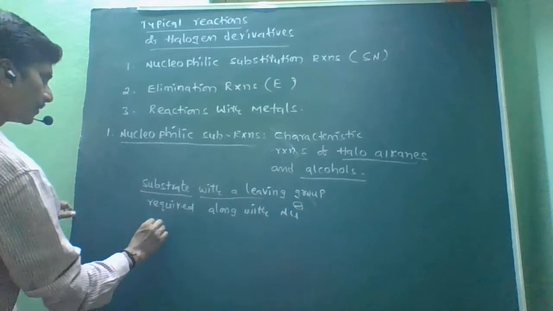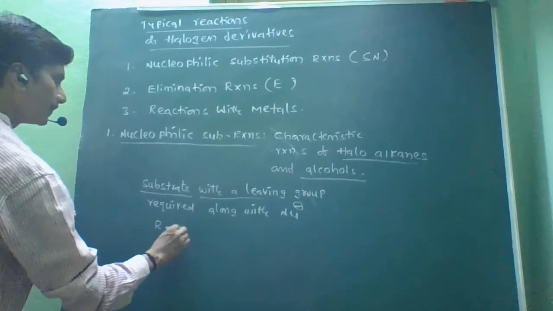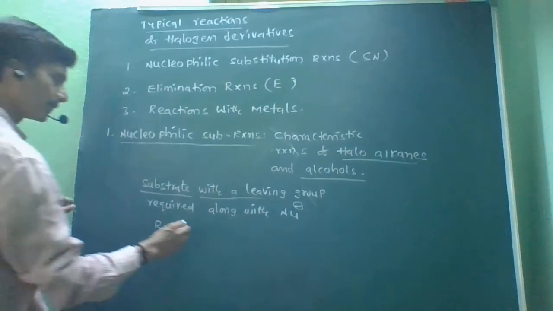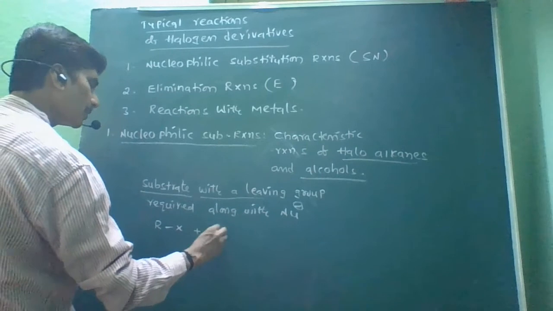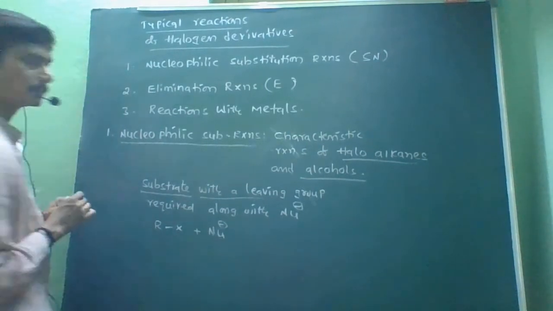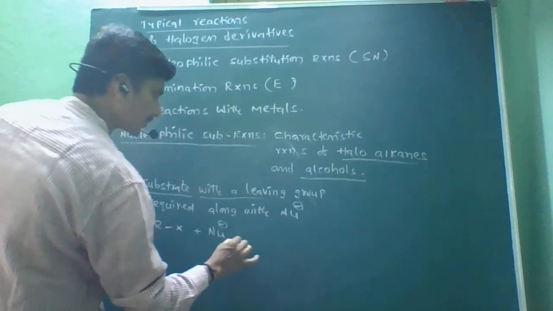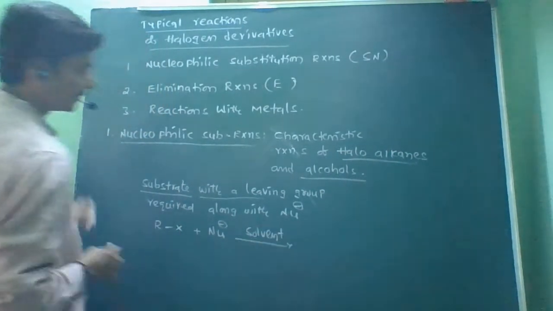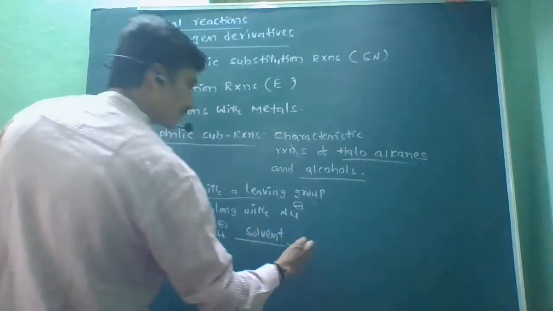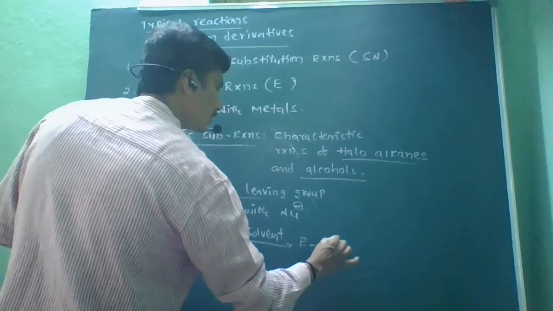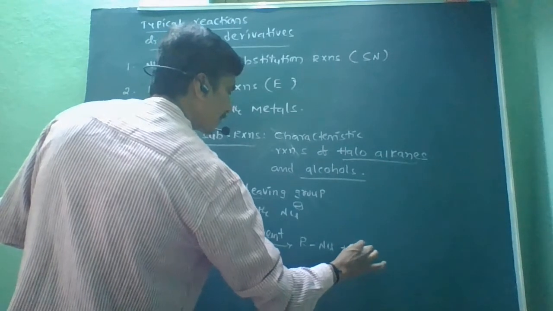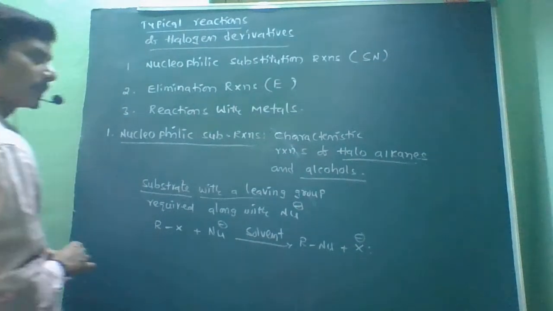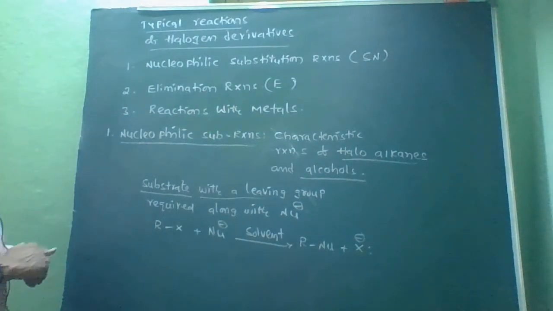For example, the halogen derivative RX reacts with the nucleophile in the presence of a solvent. They convert into products by leaving the more electron-dense halide ion.